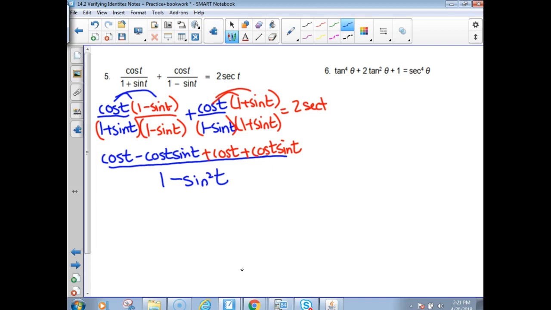What simplifies? The cosine t plus the cosine t we can do, which is 2 cosine of t. And then these are opposites, cosine sine, one's negative, one's positive. So those cancel out.